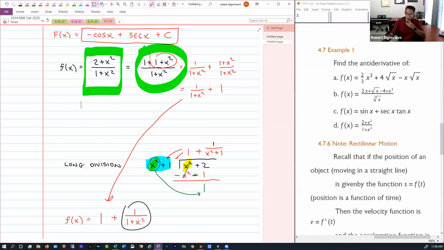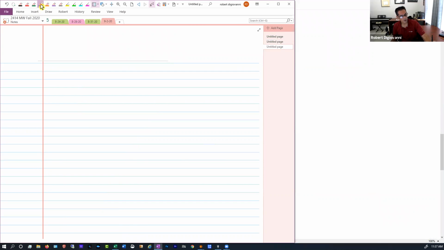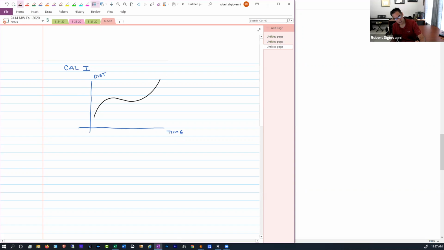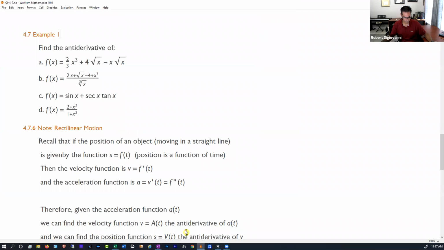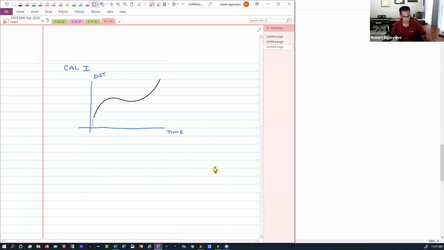All right, now, back in Cal 1, I hope that you learned that if we had a function where we had time here and distance, or position, here, and we were given a function, let's call it s of t.